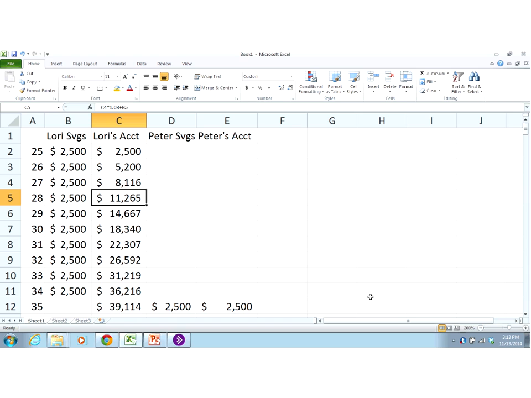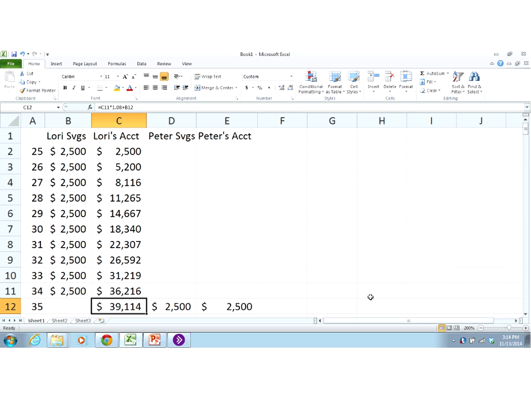Interest is about $1,265. By the time she gets to the 10th year of savings, she's saved $25,000. Total compounded interest earned is $11,216. What's the difference though?